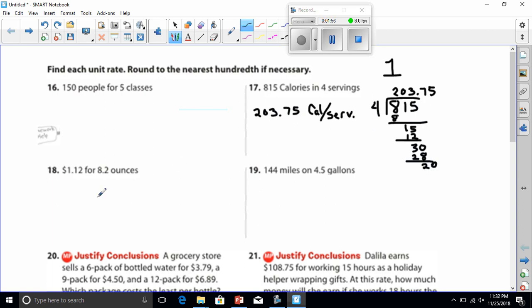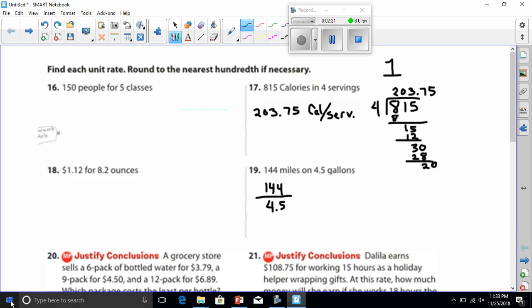All right, let's go to number 19. It says I've got 144 miles on 4.5 gallons. So they're going to want to know how many miles can I get with 1 gallon, right? It's really a division problem, right? 144, we're dividing it by 4.5.